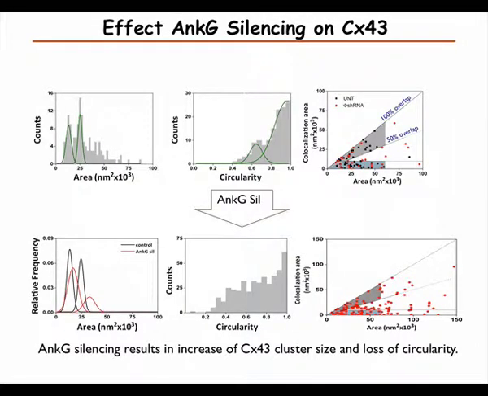The other observation they made is that if ankyrin G is silenced, then the areas increase, there's a loss of circularity for connexin 43, and the correlation between area and co-localization is much less pronounced.